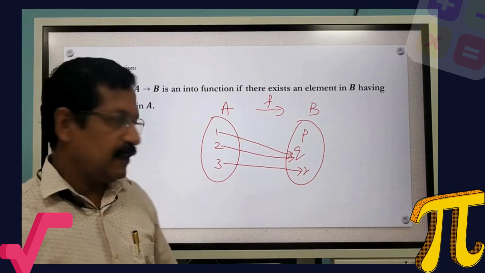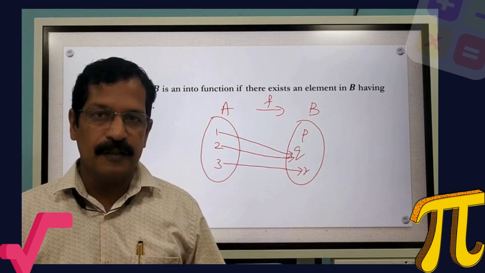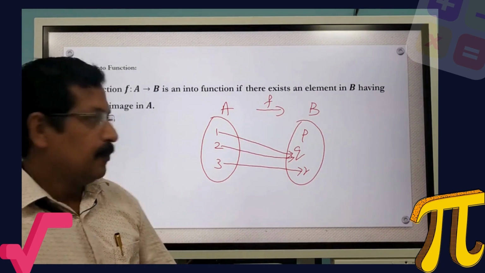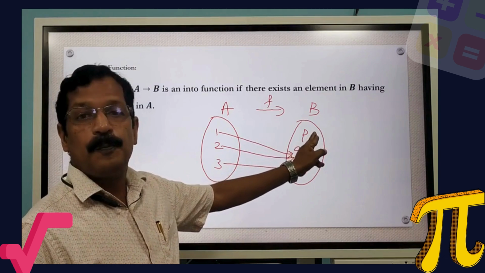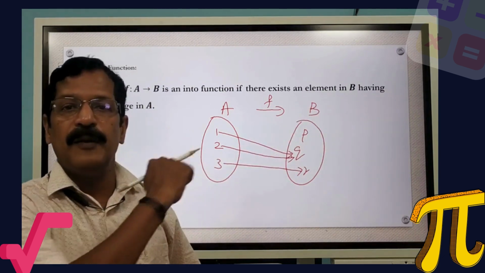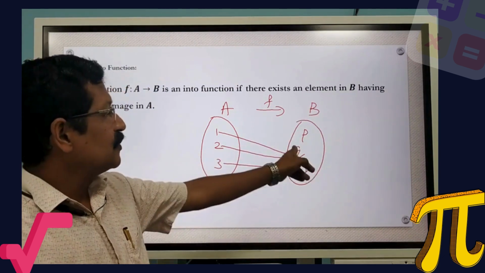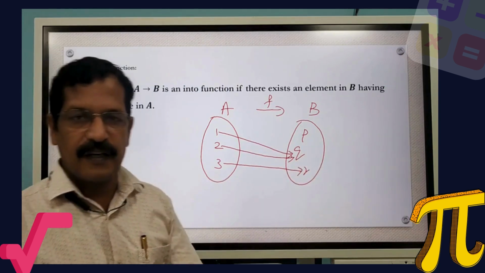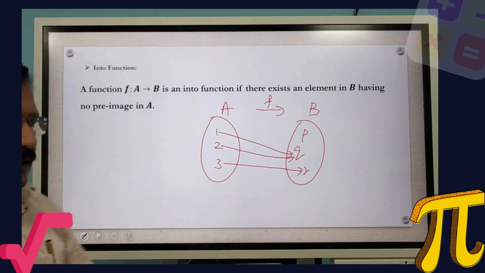This is a function, of course. Every element of A has some image in B. So it is a function. But the element p in B has no pre-image in A. So this is an into function. This is an example for into function. It's clear.